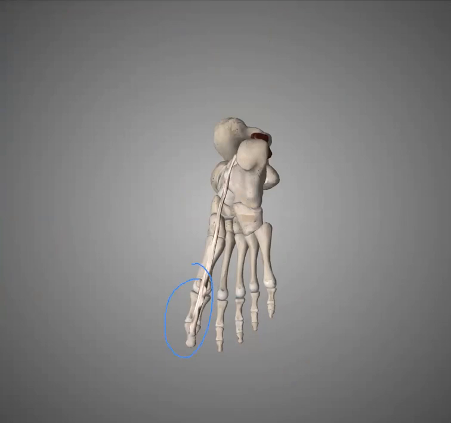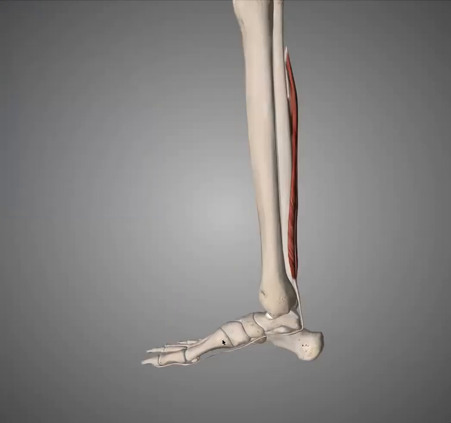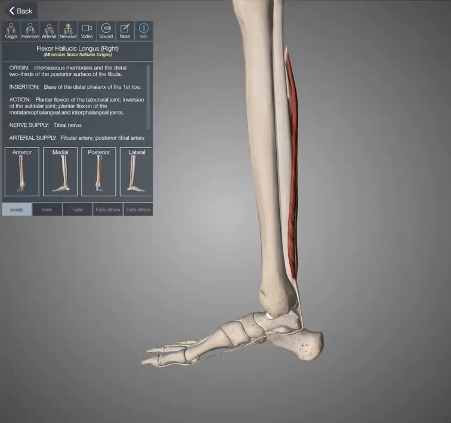And flexion of greater toe. Okay. Innervation again, tibial nerve.